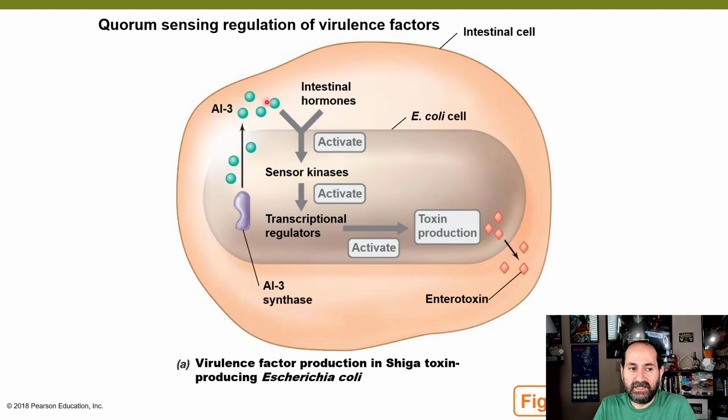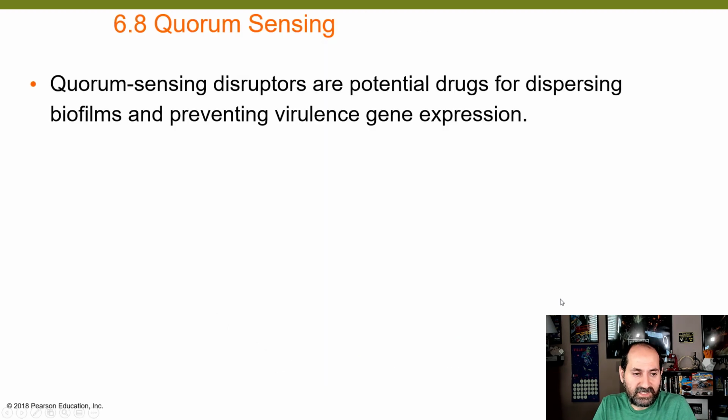If both autoinducer 3 from other bacterium and intestinal hormones, epinephrine and norepinephrine from the gut, are around, that activates sensor kinases, which activate transcriptional regulators, which activate gene expression of the toxin. And now you have the enterotoxin causing damage in the gut of the animal, and can lead often to animal death.